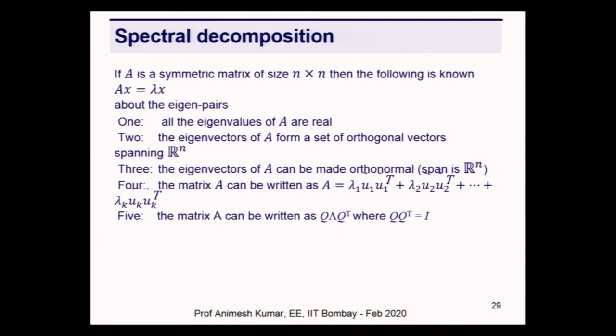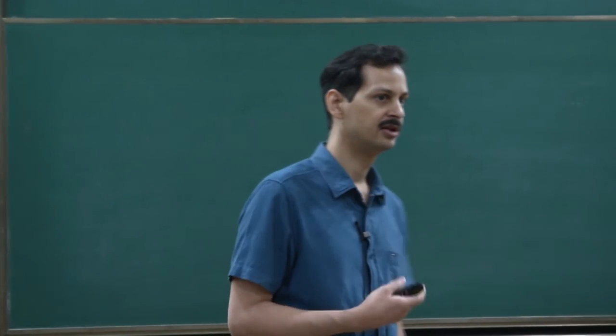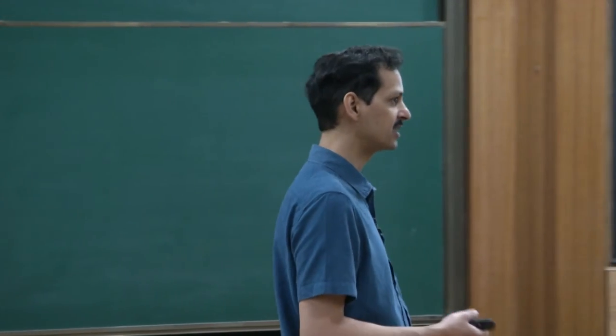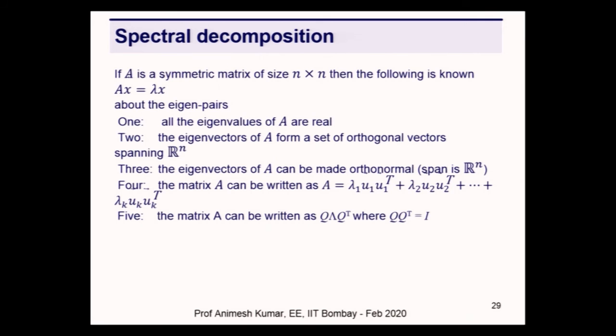So the following things are known about a symmetric matrix. What does symmetric matrix mean? If I look at the transpose of A, it's the same as the matrix A itself. So if A is equal to A transpose, we call it a symmetric matrix. The following things are known about symmetric matrices. One, all the eigenvalues of A are real.